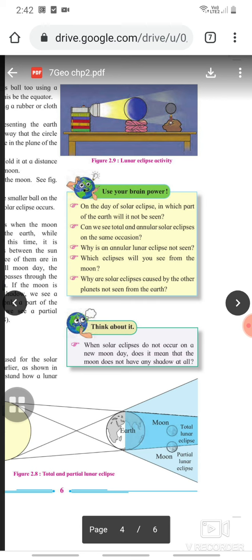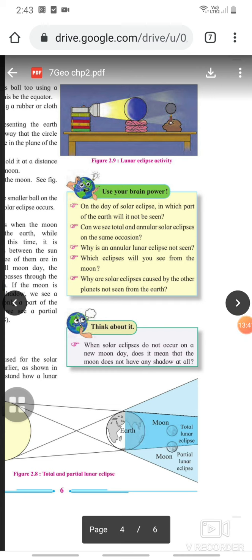The third is, why is an annular lunar eclipse not seen? Which eclipse will you see from the moon? And the last but not the least is, why are solar eclipses caused by the other planets not seen from Earth?